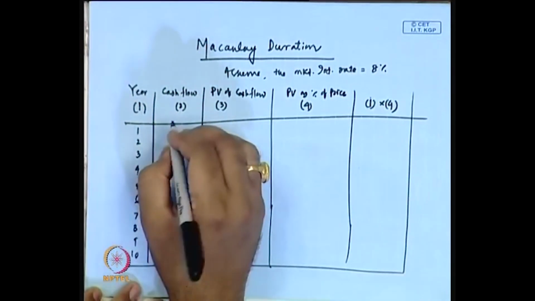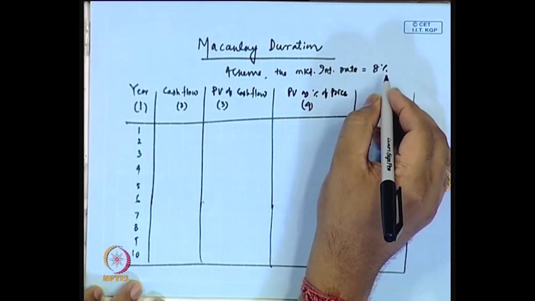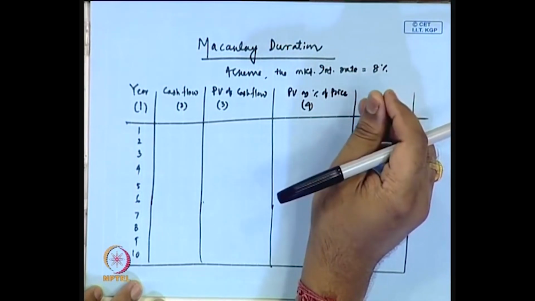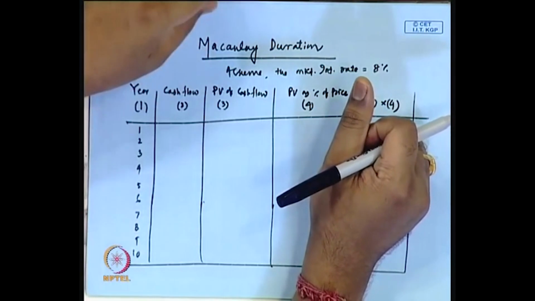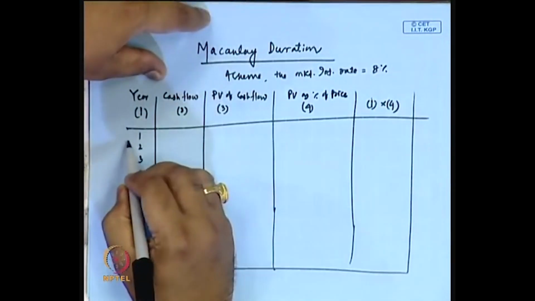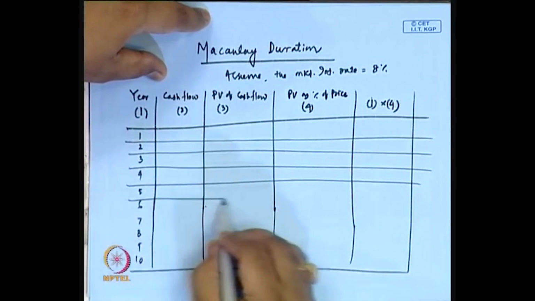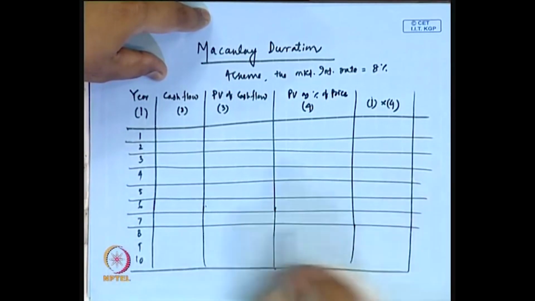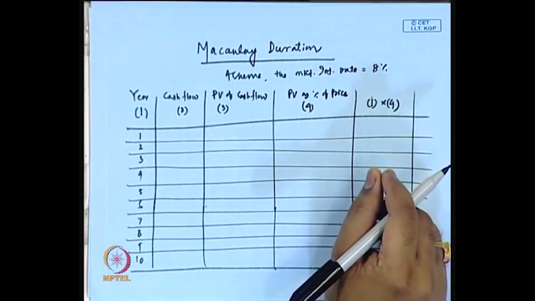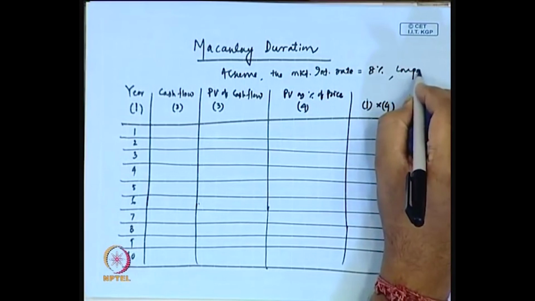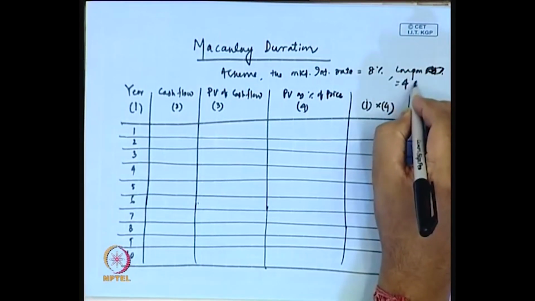And the market interest rate is 8%, and each year there is a coupon. Another piece of data should be given to you: the coupon is equal to 4%.